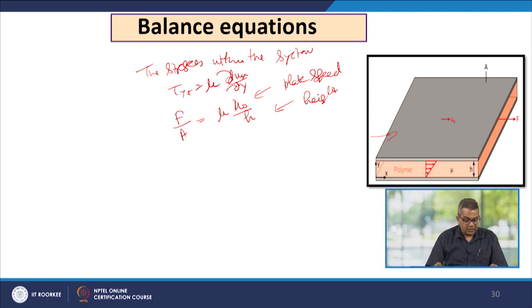So the rate of energy input is given by F u naught, which is equal to mu u naught over h times A u naught.